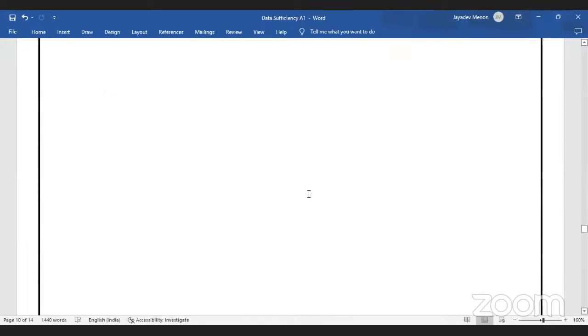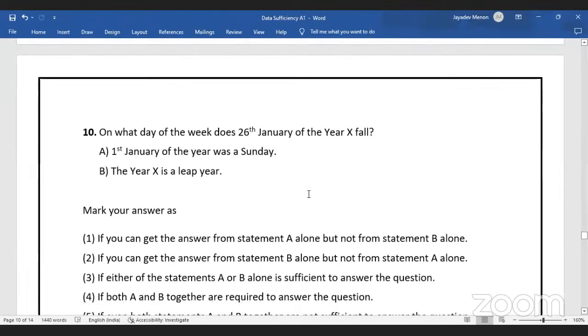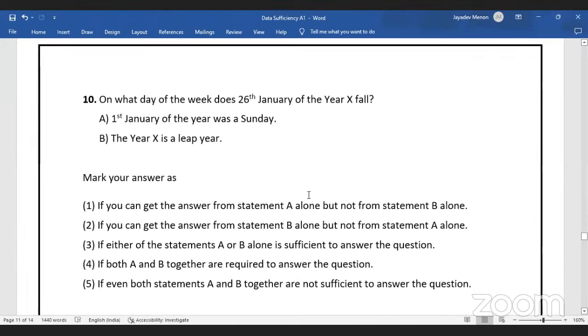Next one. Very good, George, Kavya. Option 1 is correct.